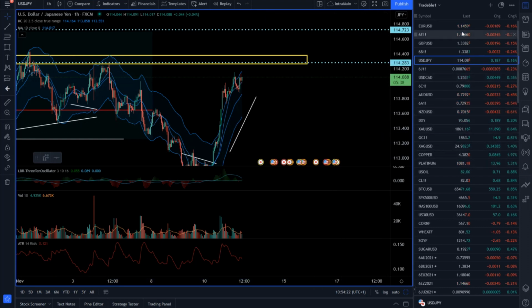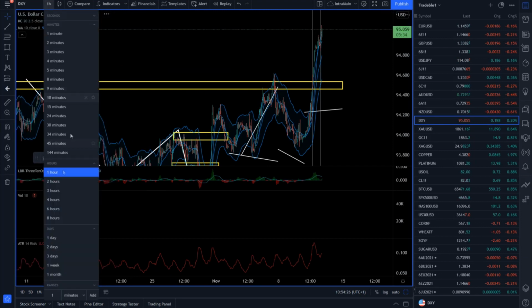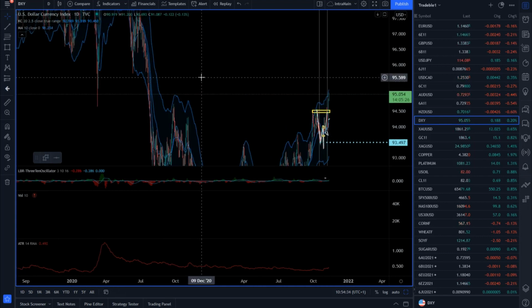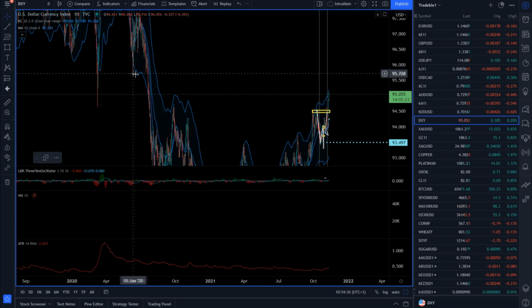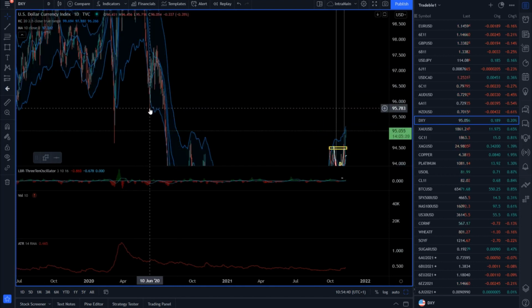And I also want to speak overall about the dollar index. If we go to the daily time frame, we actually took the high. We didn't have a problem around 94.74, and I think this one is heading towards the significant swing low that we got from June 10, 2020, right?